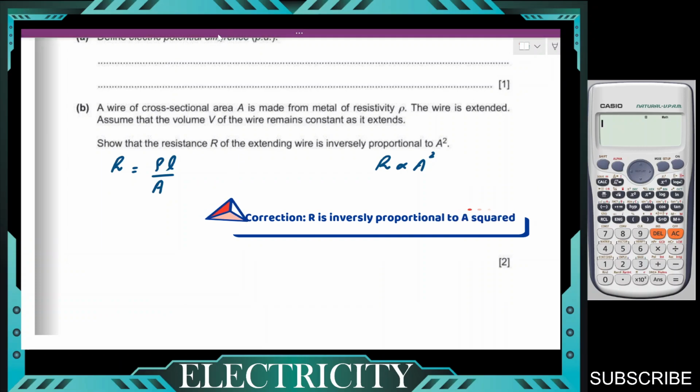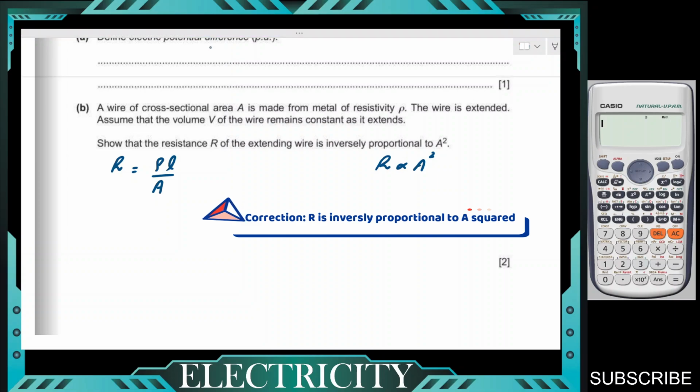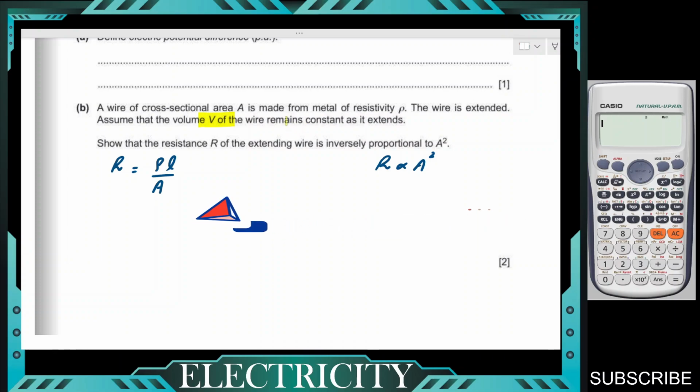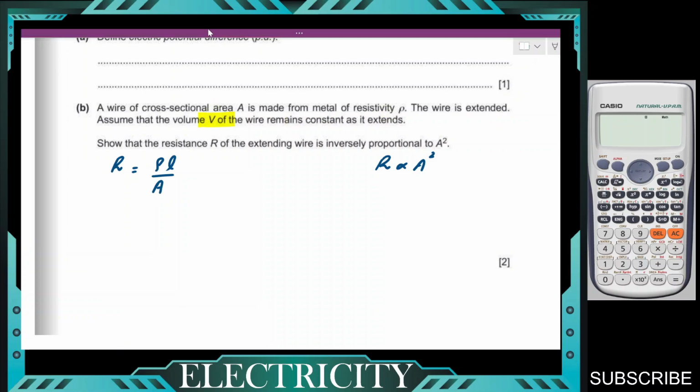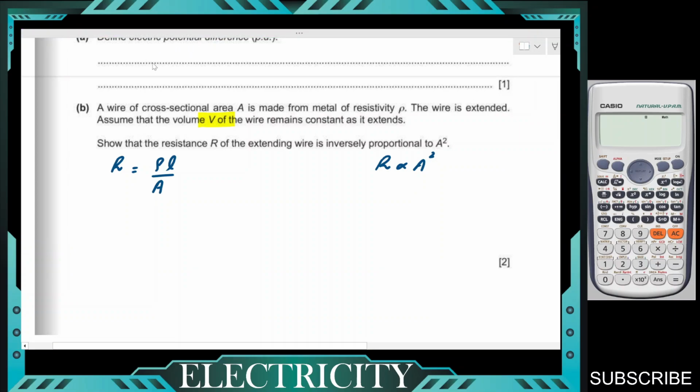Now let's check out the data. What we have is, volume remains constant, and the cross-section area is A. The resistivity is rho.